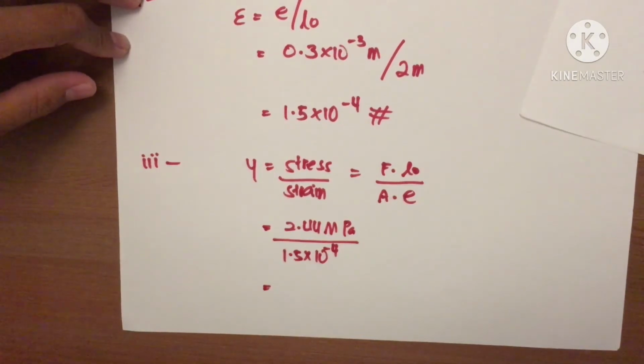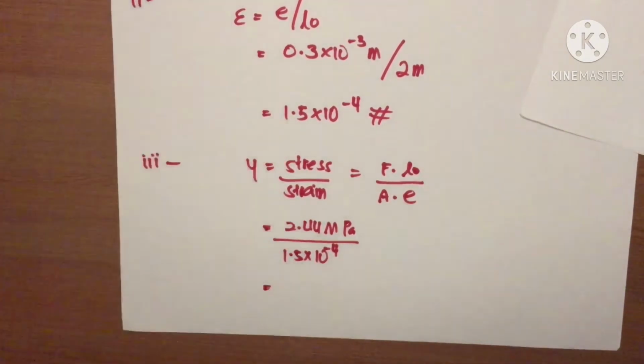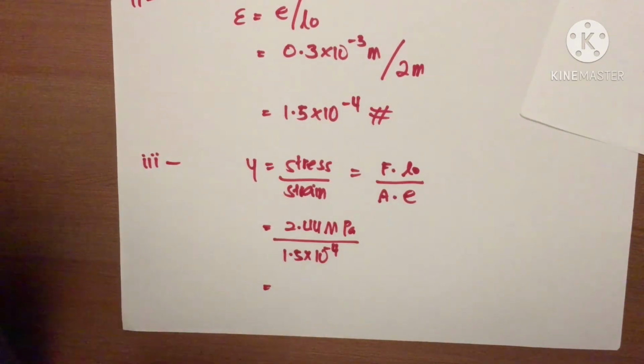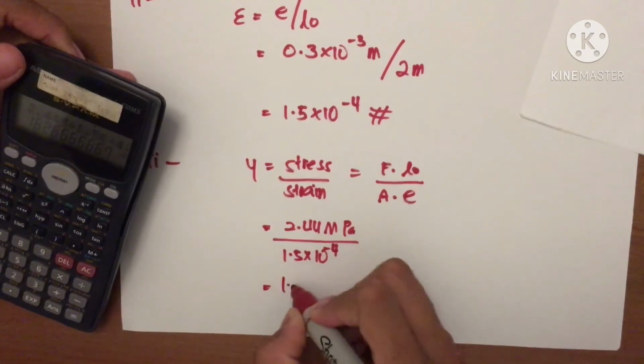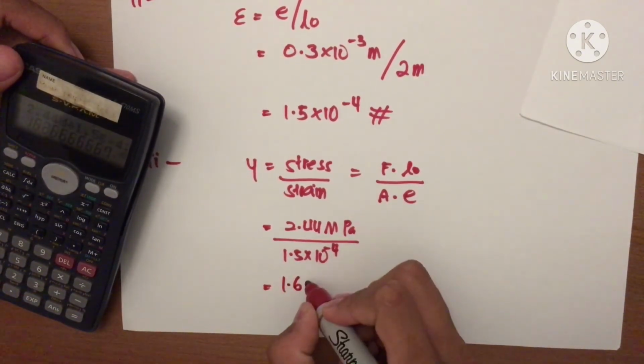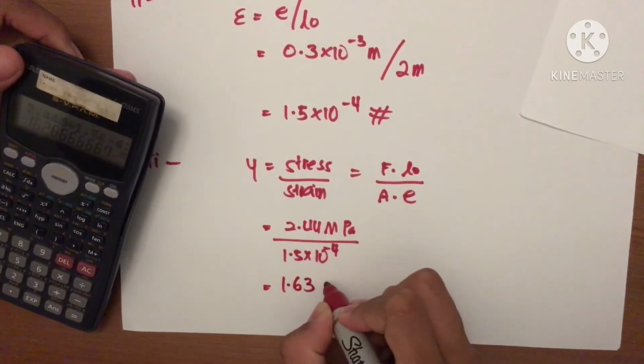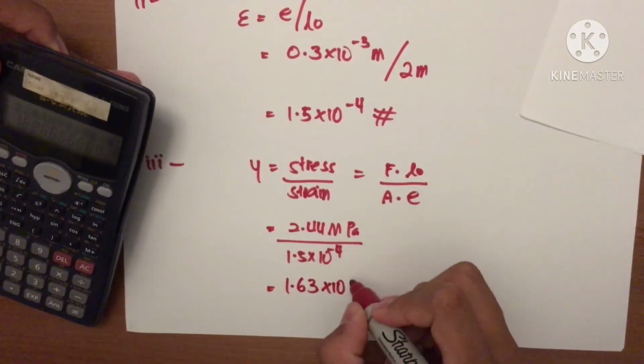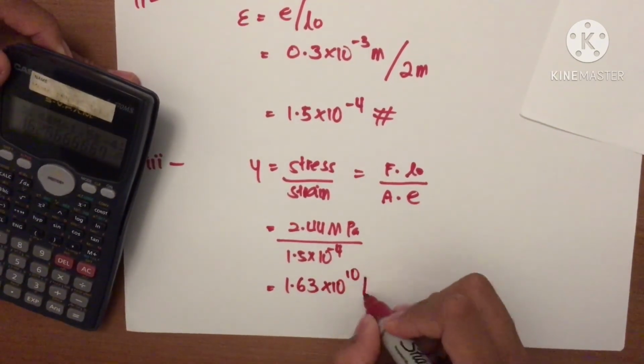Let me just get the calculator for a moment. Mega divided by 1.5 times 10 to the negative 4. Therefore we get 1.623 times 10 to the power of 10 Pascal.